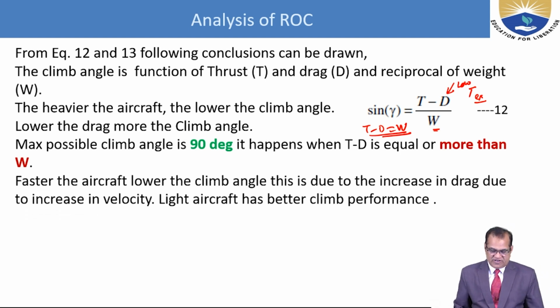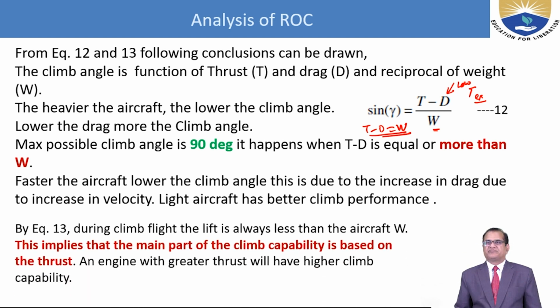The faster the aircraft, the lower the climb angle. This is due to the increase in drag due to the increase in velocity. A light aircraft has better climb performance. By equation 13, we can see that during climb flight, the lift is always less than the aircraft weight.